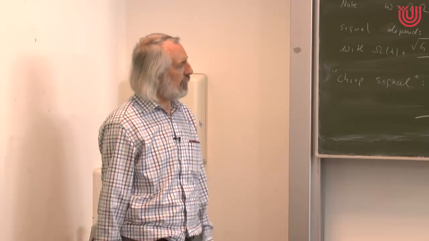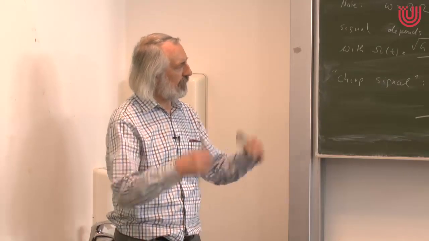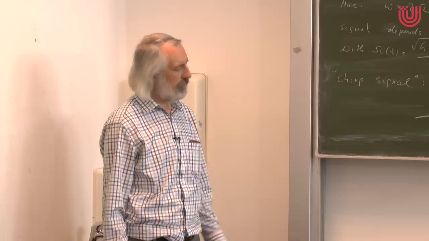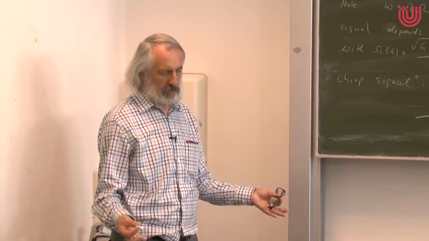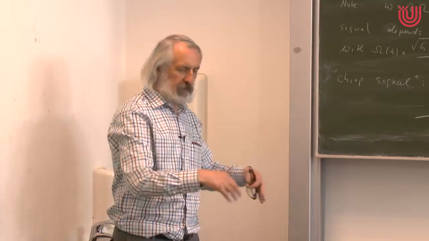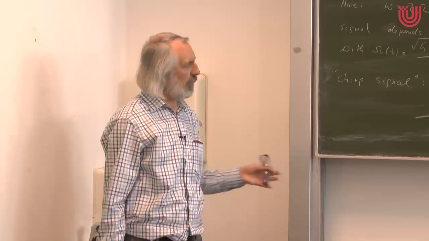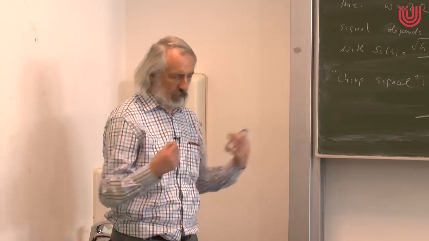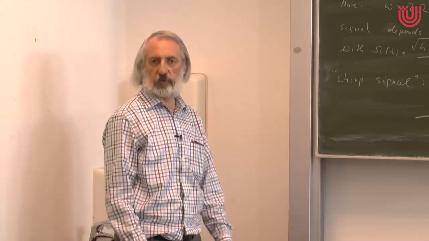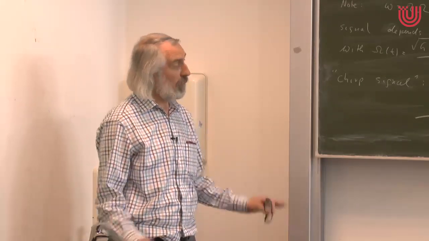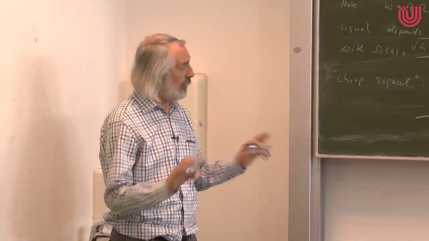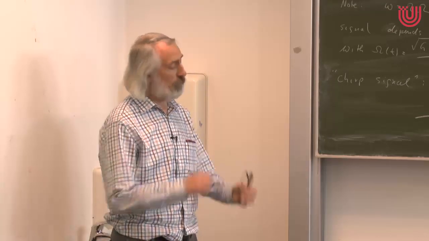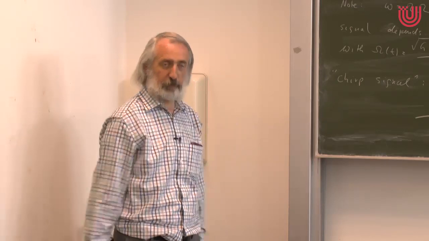And the art that these data analysts have to do is, when they see a signal, they have to find in their big data bank of waveforms the one which fits best. Then they can read off the parameters and see what kind of system they have found. What I am able to show you here is only this very simple, oversimplified example of two Newtonian mass points spiraling into each other.